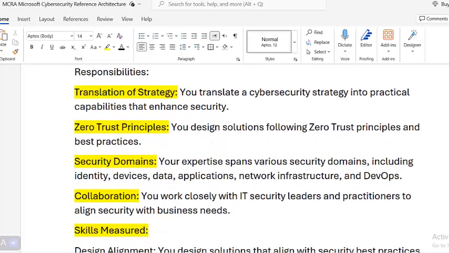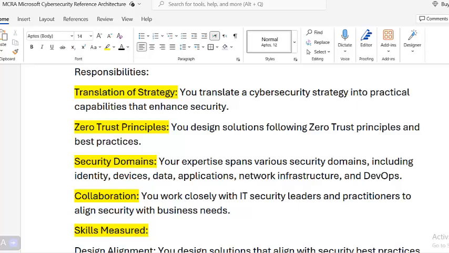Number one, responsibilities. Translation of strategy: you translate a cybersecurity strategy into practical capabilities that enhance security. Zero trust principles: you design solutions following the zero trust principles and best practices.